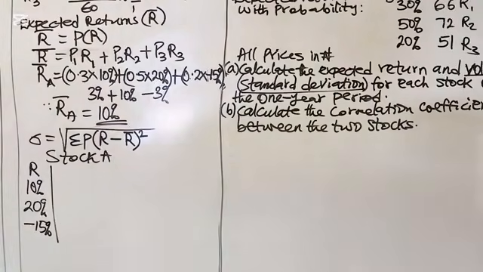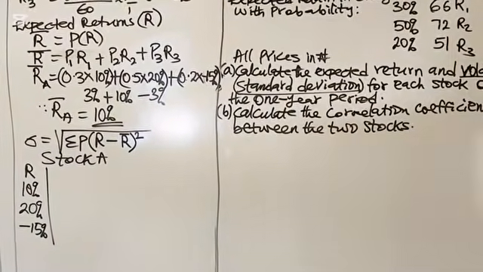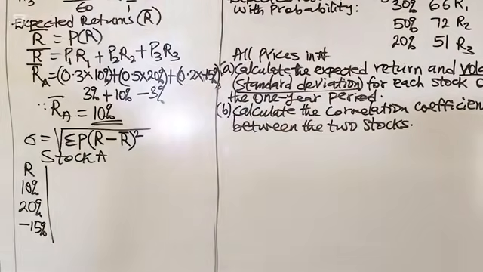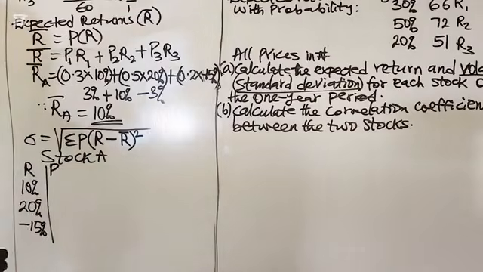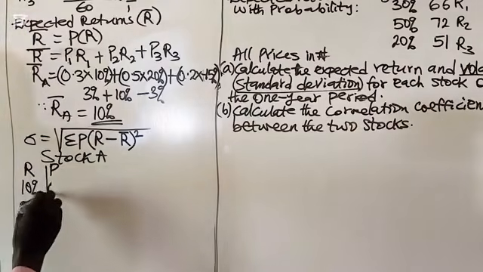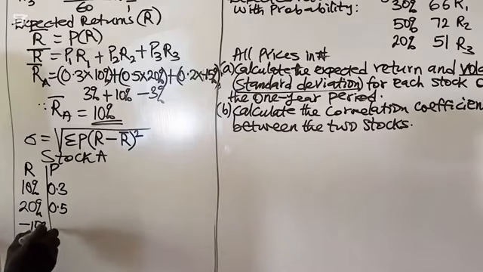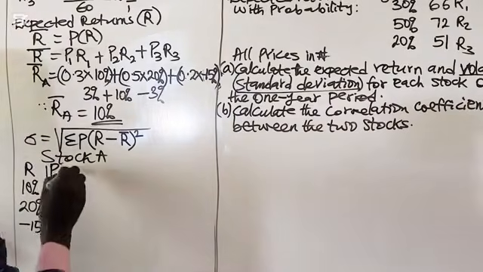And you are given the probability of stock A: 30%, 50%, and 20%. Those are the probabilities you are given. So we have probability of 30%, which is 0.3, 50%, which is 0.5, and we also have 0.2, which is 20%.